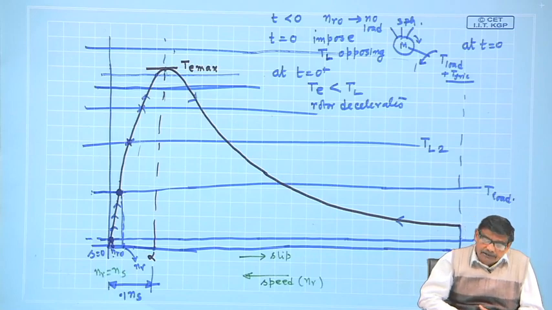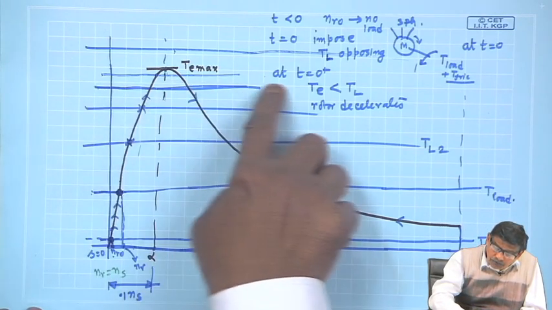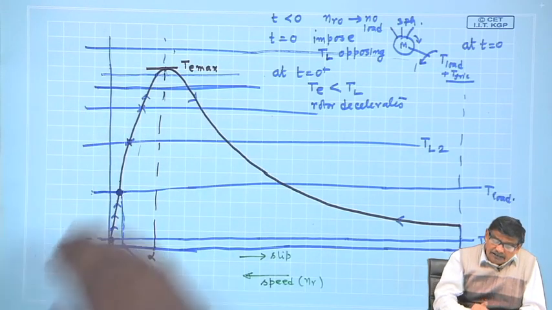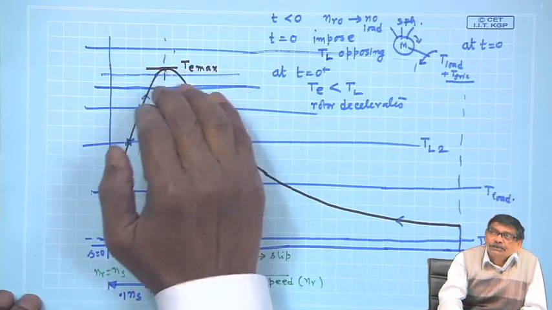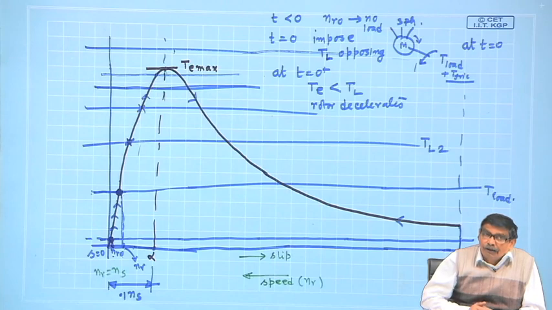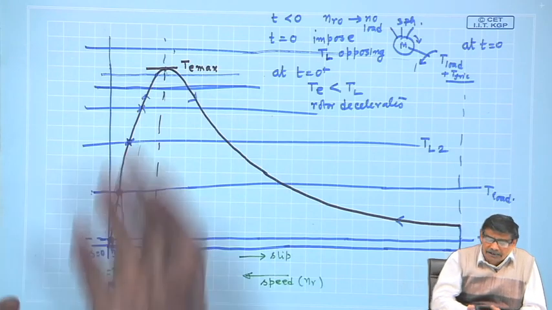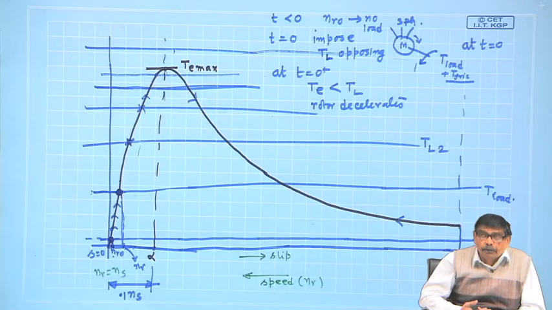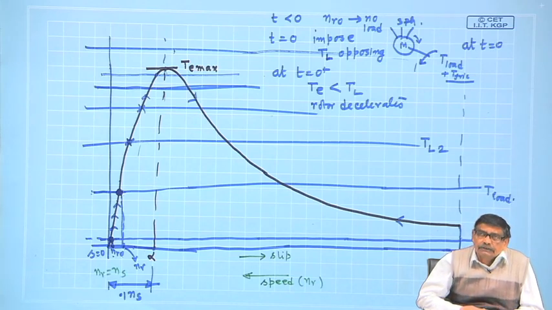Therefore, it is quite advisable that you design the full load torque such that it is not very near T max. Although theoretically it is possible, one may design it so, okay, the machine is capable of developing T max, but is it prudent to do that? No, because disturbances will always be there. Load torque may suddenly increase this way, that way.